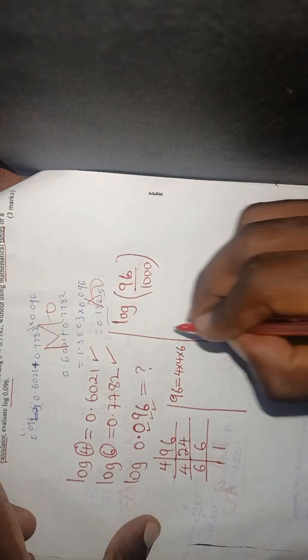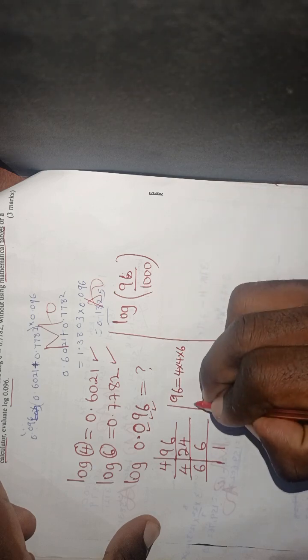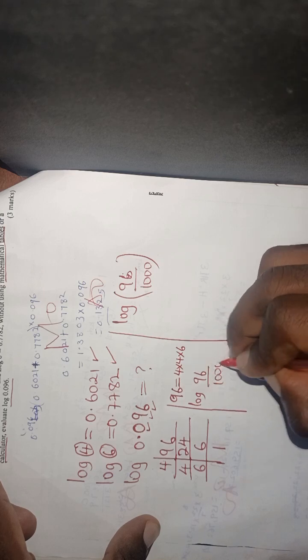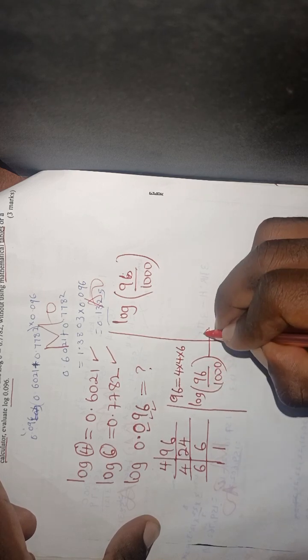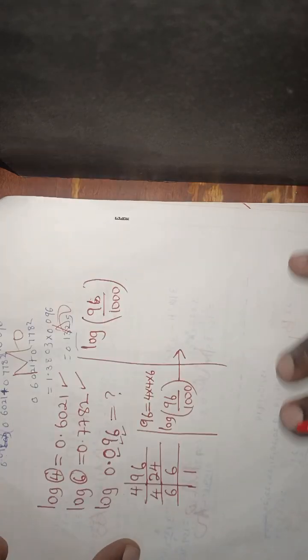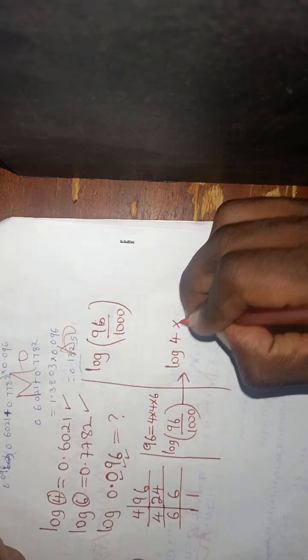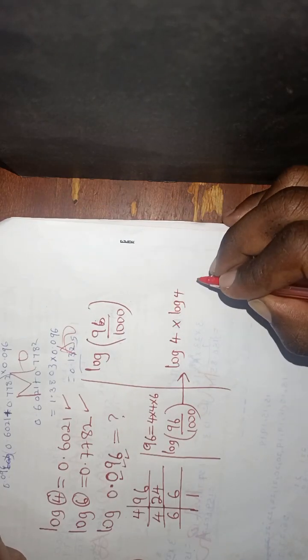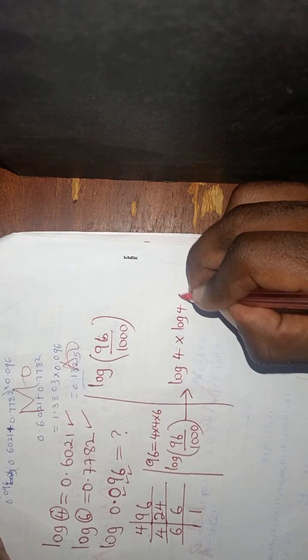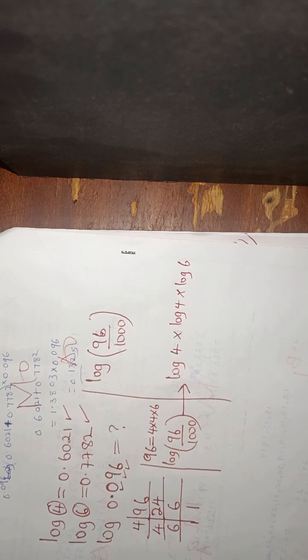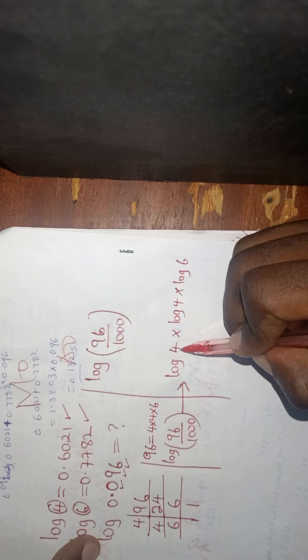So I'll say log of 96 over 1,000 is equivalent to log of 4 times 4 times 6 over 1,000. I'm supposed to combine all this, so the log of this, the log of this, and the log of this.